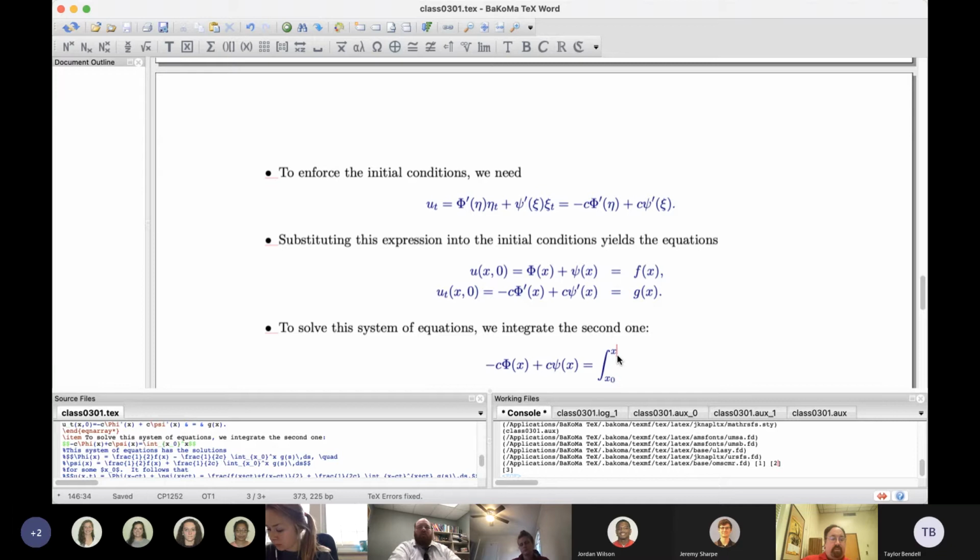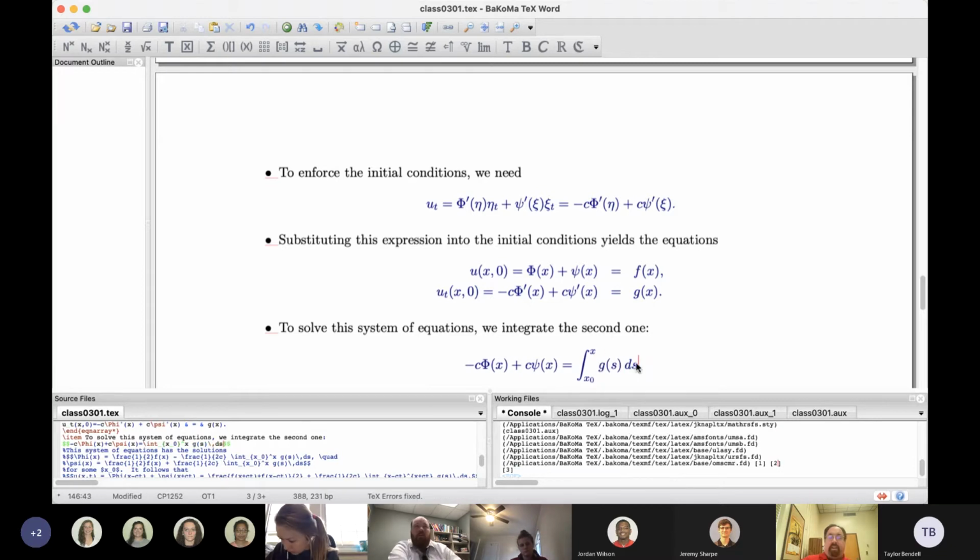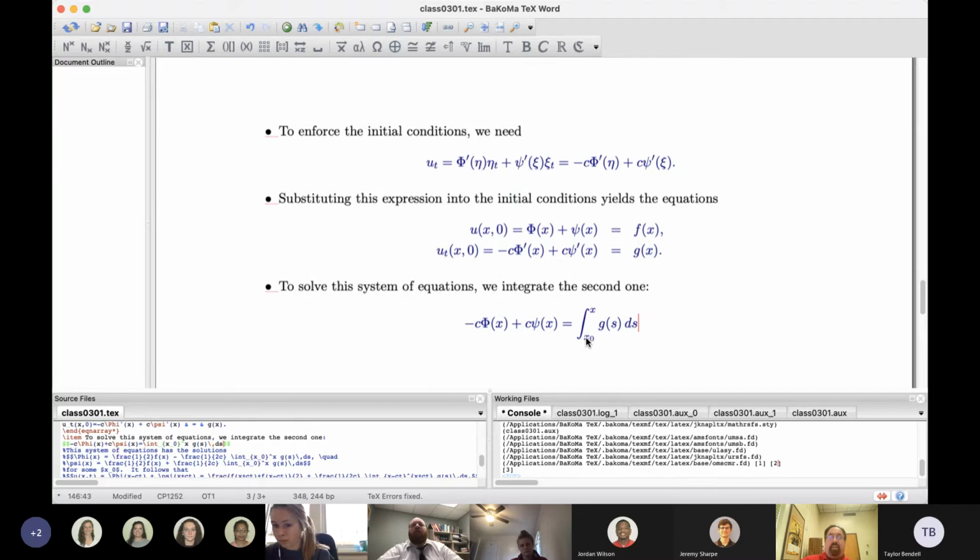So this is an antiderivative, and I need to use a different variable on the inside. And then x naught is some unspecified lower limit of integration, and we'll deal with that once we put everything together to get our solution formula. The reason why I'm integrating is now I have two equations in two unknowns, phi and psi.